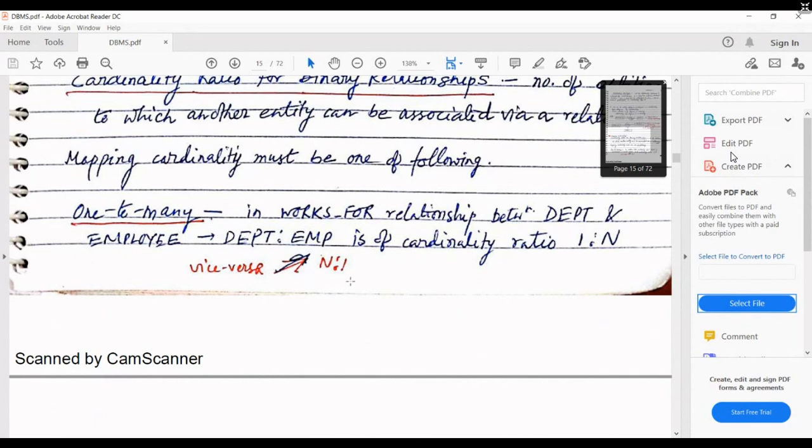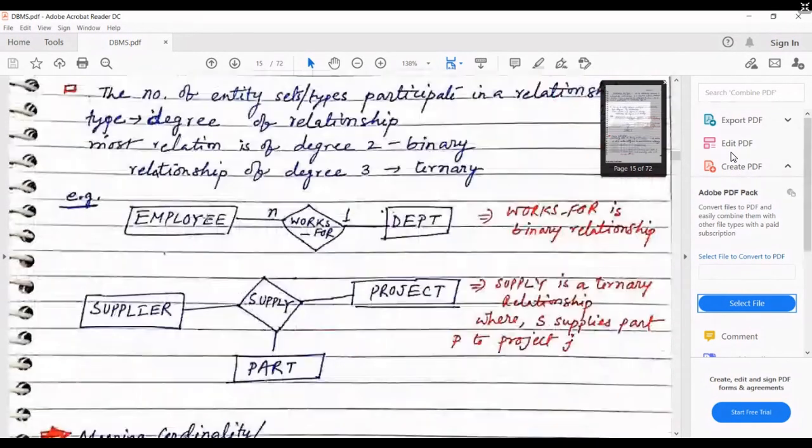Okay, so in this way, in ratio format it is given. For example, here employee works for department, so here n number of employees are working for one department. So here the ratio of employee to department is n is to 1. That is the cardinality ratio.